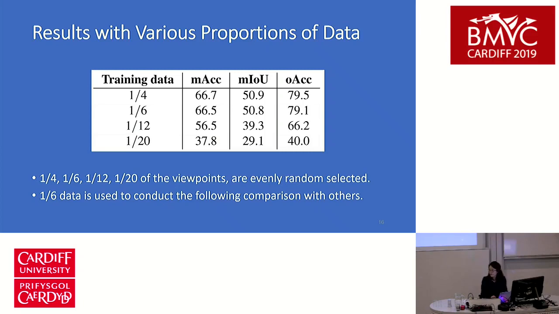For 1/4 and 1/6, they have very similar performance. But as we know, the more data we use for training, the larger the cost of training. So we use only 1/6 to compare with the other state of the art methods.